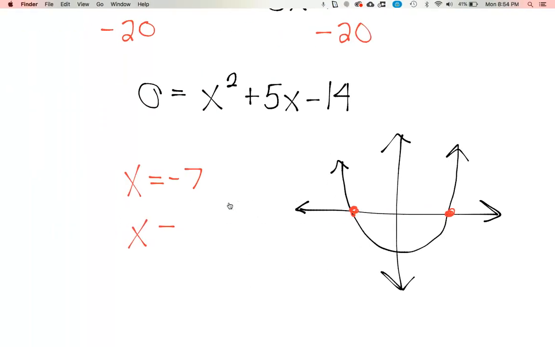So x equals -7, x equals 2. We used to cross out the negative one. We really don't know what these represent, so we're just going to keep them both.